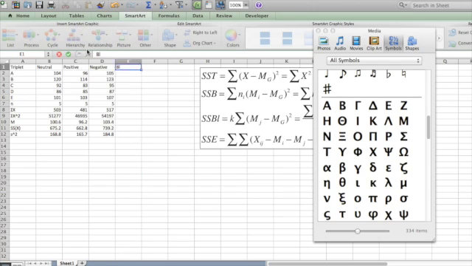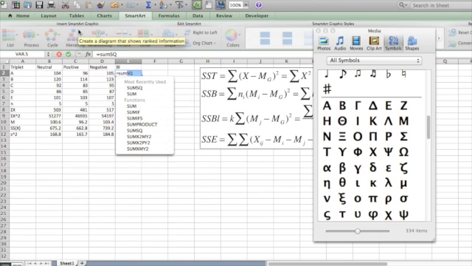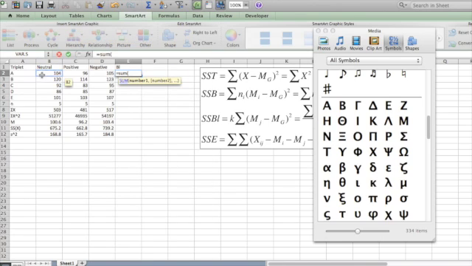Now to go further, I'm going to be computing the blocks. I'm going to be computing this BL term, which is the sum of the scores in a block. And then I'm going to square that. So just BL squared. I'm just going to type in here equals E2 squared.